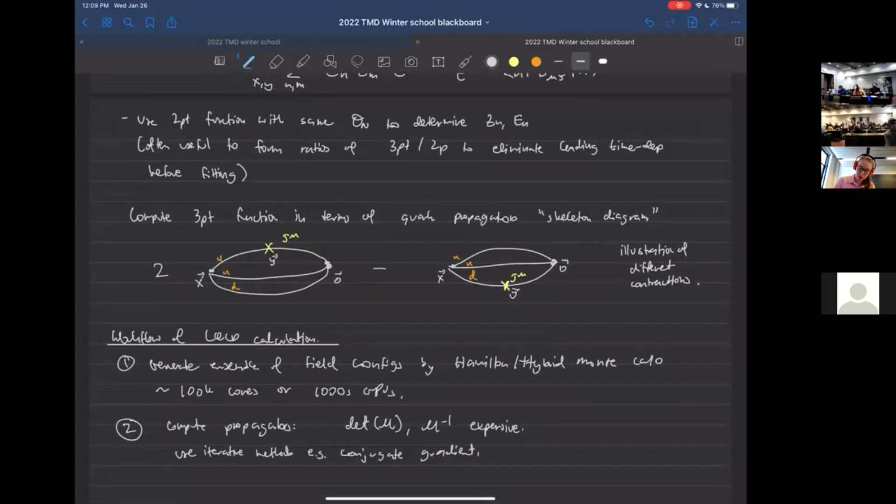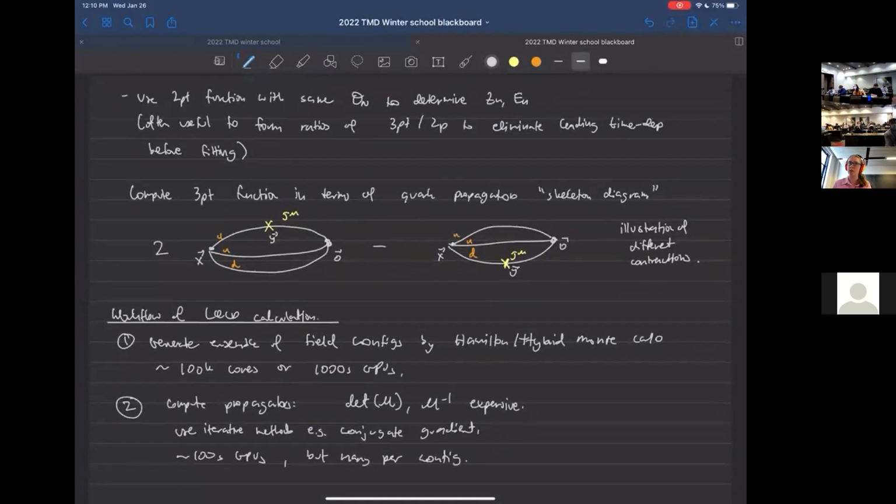These are smaller scale, right? You need maybe a few hundred GPUs, but you need to do many of these propagators per configuration typically. So this is the next big computational task. Since the ensemble of gauge fields can be reused for multiple different calculations of different observables, computing all the propagators you need is often one of the big costs in a lattice calculation.